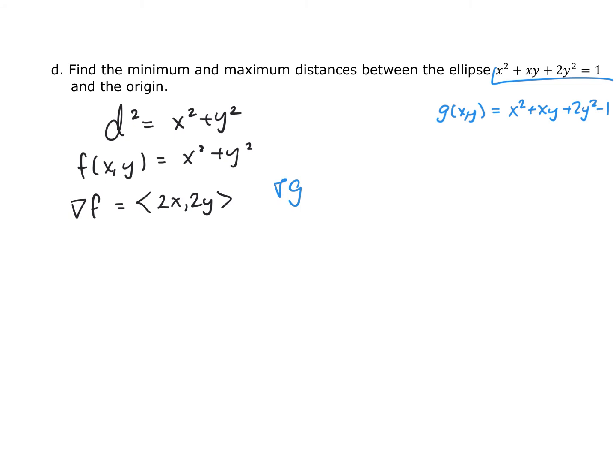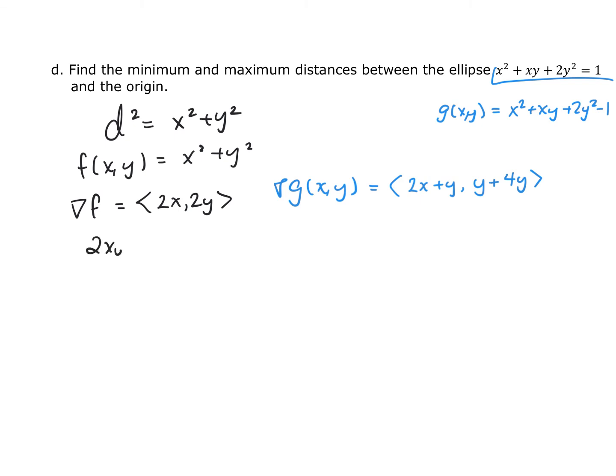My gradient for g of x, y is equal to 2x plus y and then x plus 4y. And I'm going to set them equal like I normally do with my lambdas.